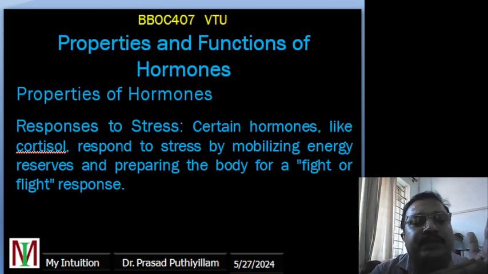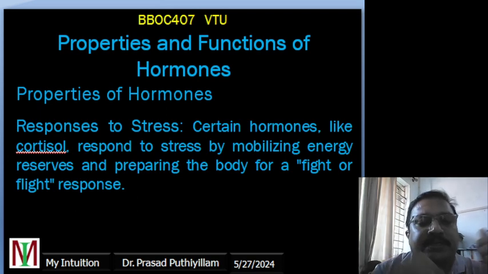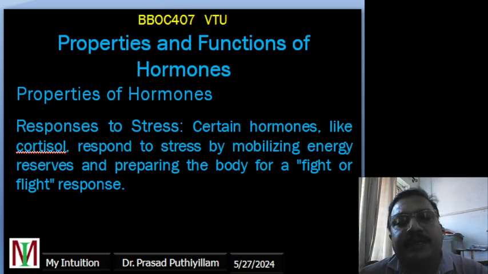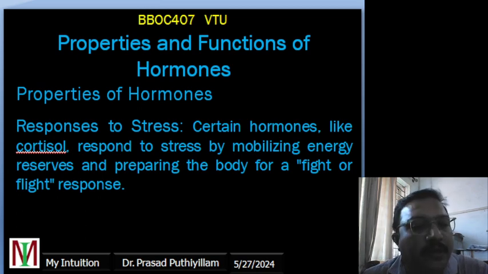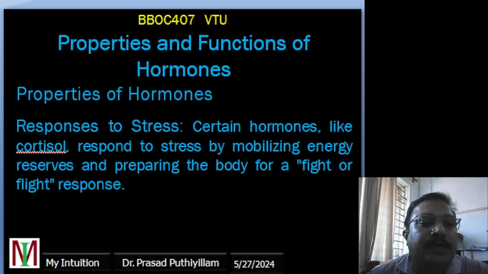They mobilize the body's resources to deal with the perceived threat. So the key players in the stress response are cortisol, adrenaline, and norepinephrine. These are the hormones which will work for that. The stress response is very powerful, and it is an adaptive mechanism which allows us to deal with emergencies.